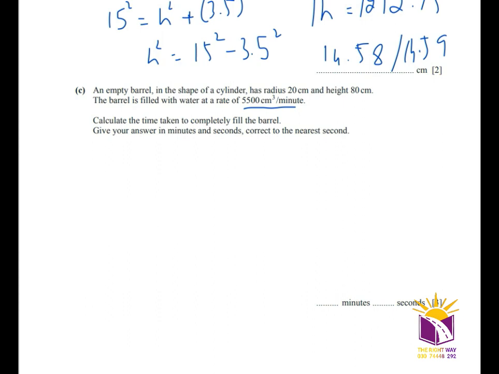Now first of all, I am going to find the volume of the cylinder. Volume of the cylinder will be equal to pi r square h.